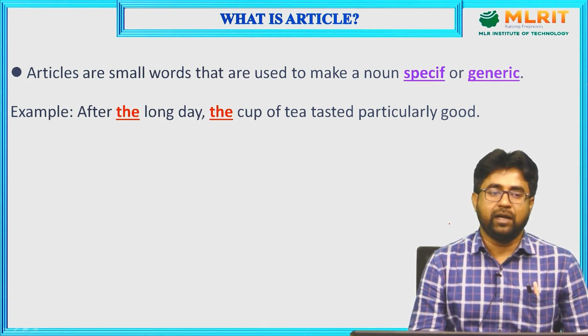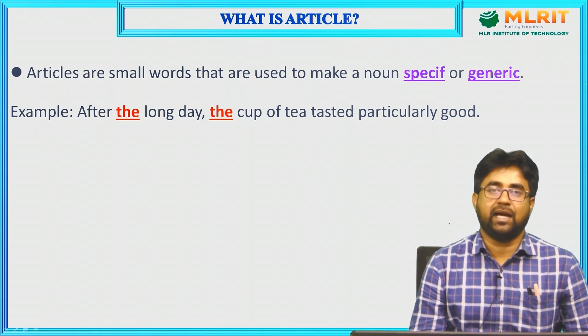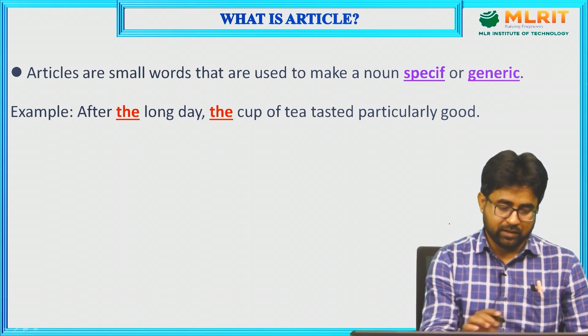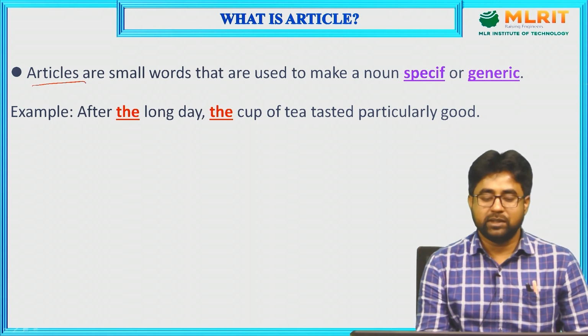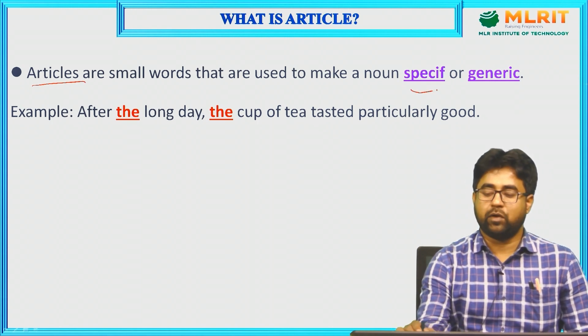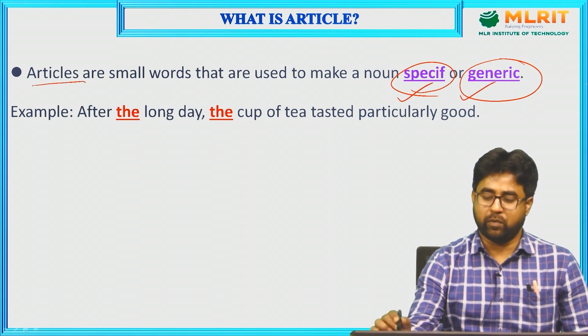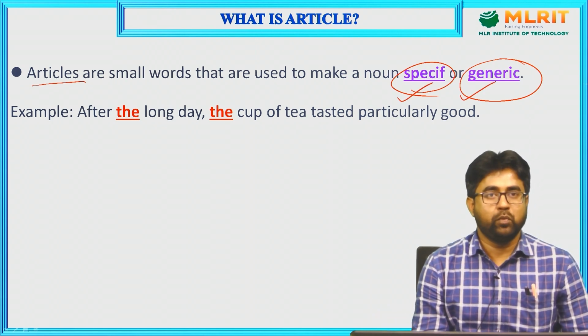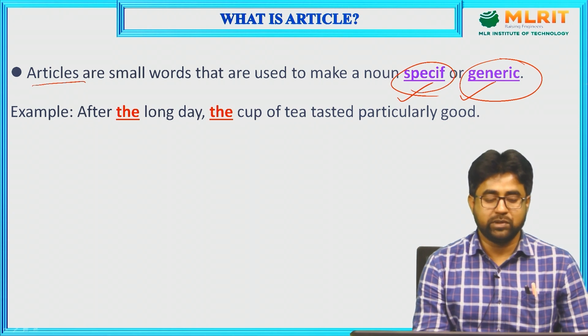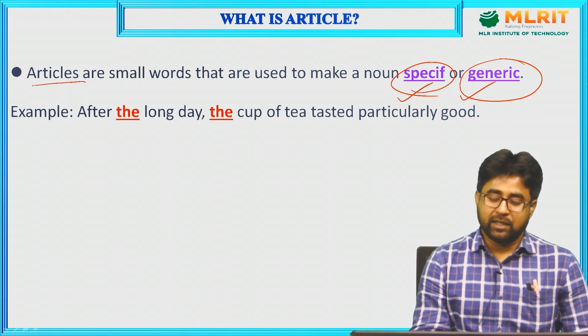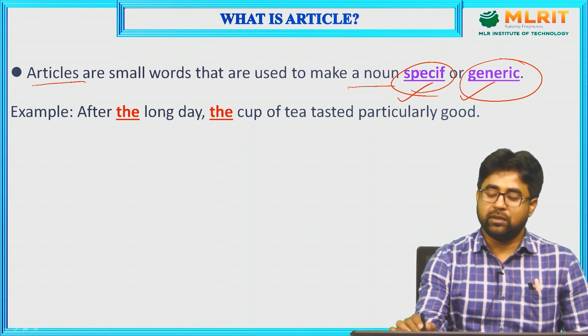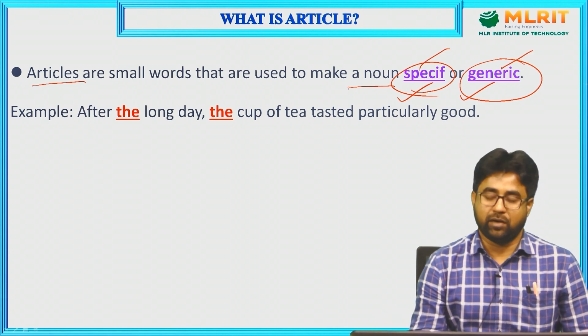But if someone asks you what an article is, how would you define it? Articles are small words that are used to make a noun specific or generic. Now these two aspects are very important. Why do we use articles in a sentence? To make a particular noun either specific or generic, or general.